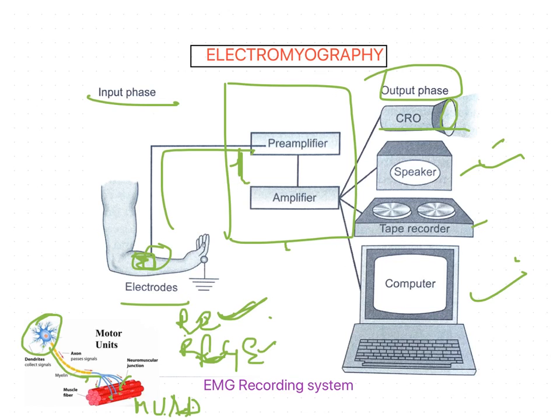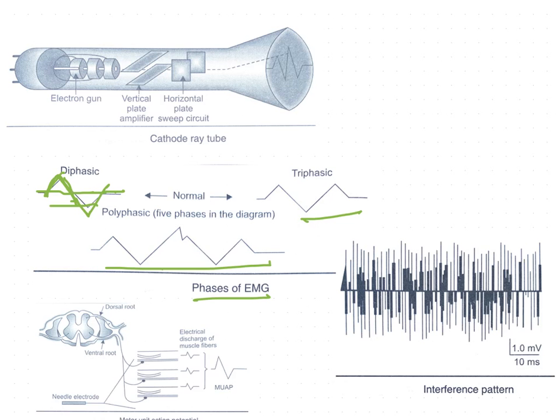So this one is the cathode ray oscilloscope, which permits visual display of the motor unit potential.